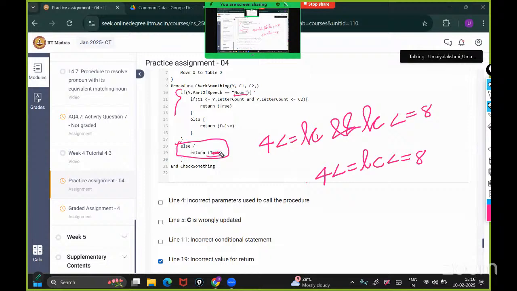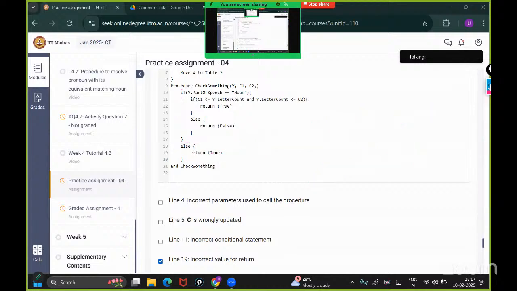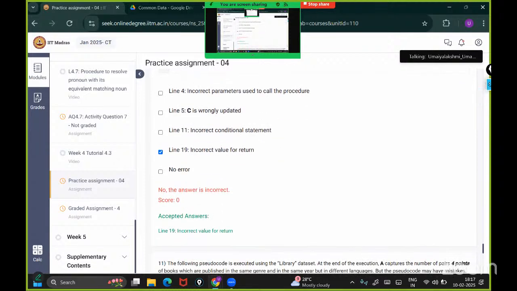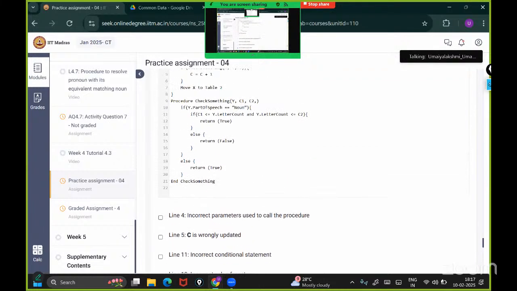Instead, if it is false, then this is a correct return statement. Is that clear? Yes, ma'am. And of course, it cannot be a no error because there is an error. Line number 19, incorrect value for return. Any other doubt, people?